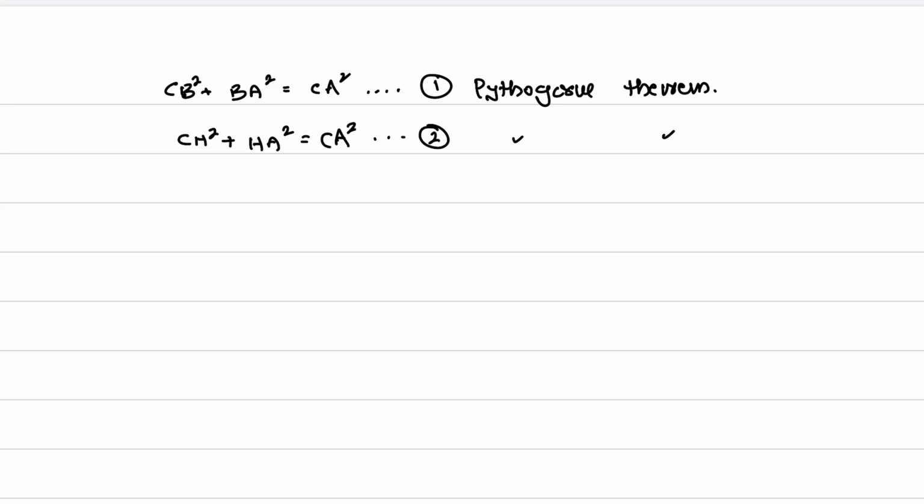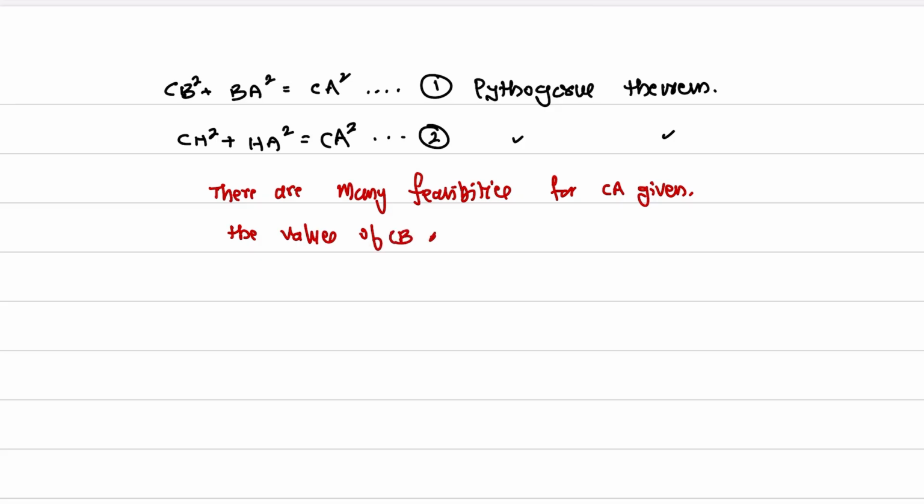That means there are many feasibilities for a given CA, where the values of CB and BA differ. Like instead of H, you can say it is B dash.